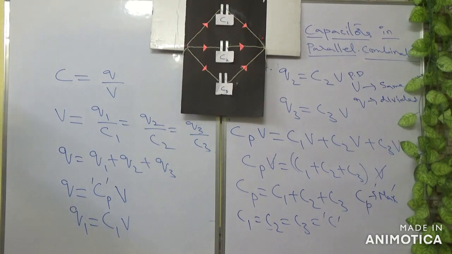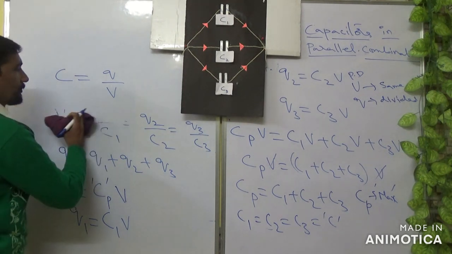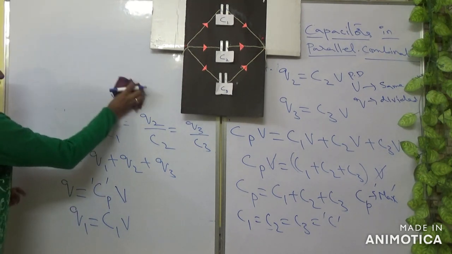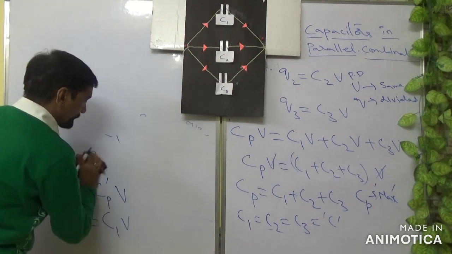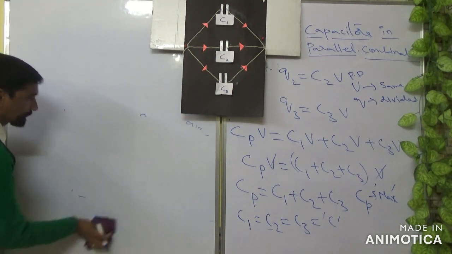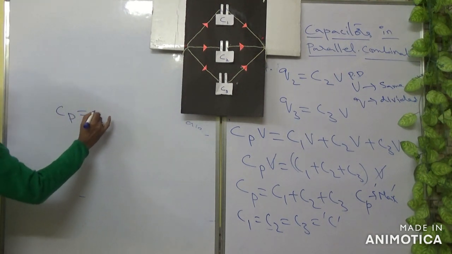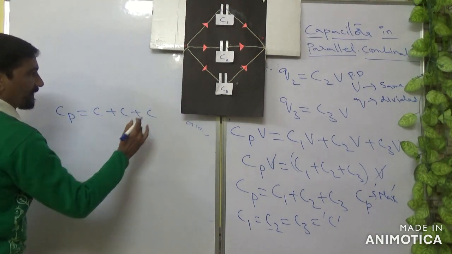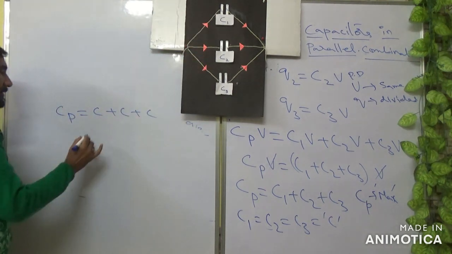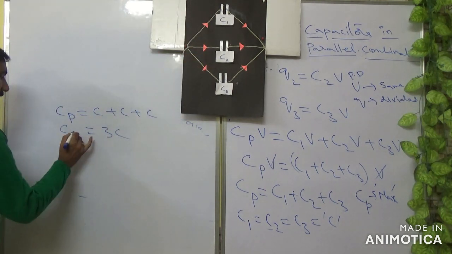Then capacitance when they are joined in parallel combination is Cp equal to C plus C plus C, that is when 3 are connected, so it is 3C.